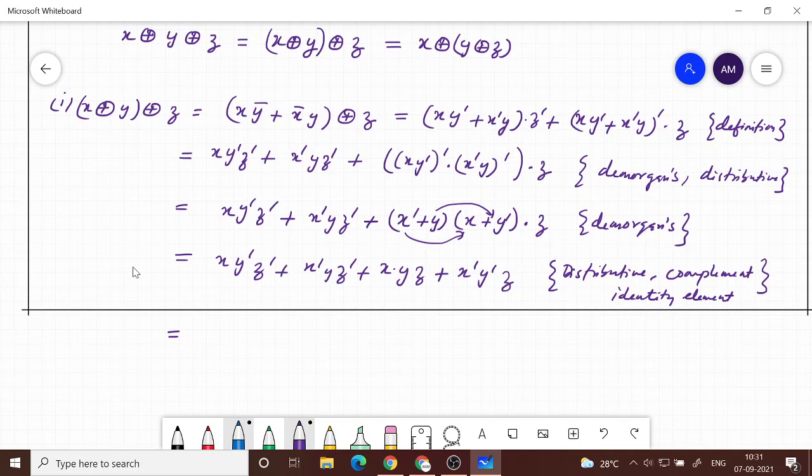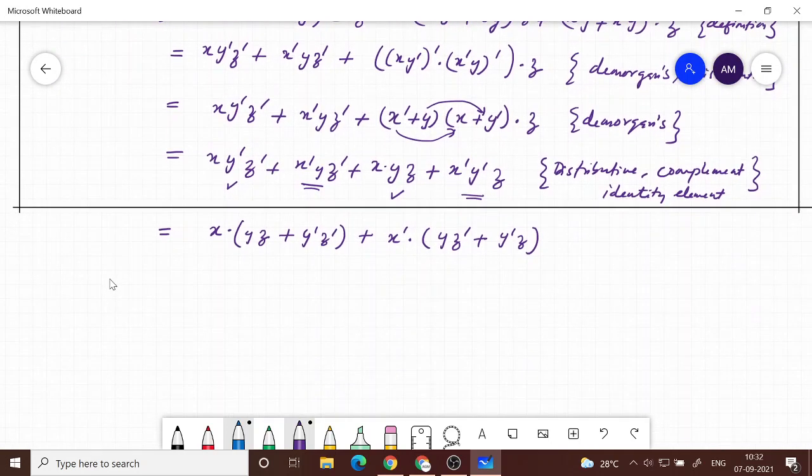So look at this term and this term. I have x' in common, and then in this term and this term I have x in common. So let me just combine it like this. So x dot (yz plus y'z'), then plus x complement dot (yz' plus y'z).